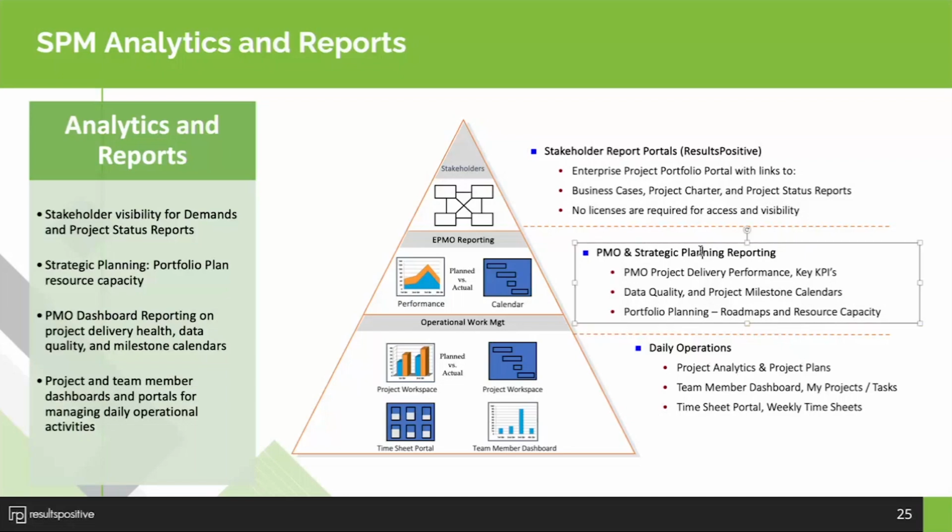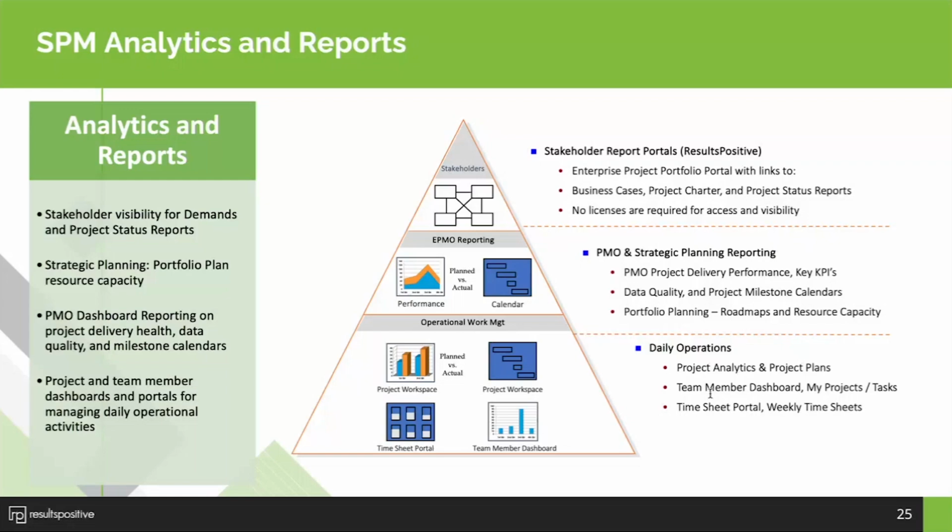And then here, using the out-of-the-box capabilities, the PMO dashboard for project delivery, some of the data quality, also then using the strategic planning and portfolio planning capabilities for roadmaps, overall resource capacity, great capabilities there. And then just your ongoing daily operations here, setting up the appropriate analytics, the team member dashboards, so they have one place to go to get their work.